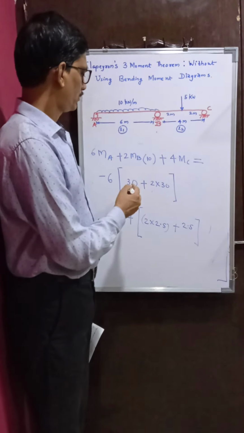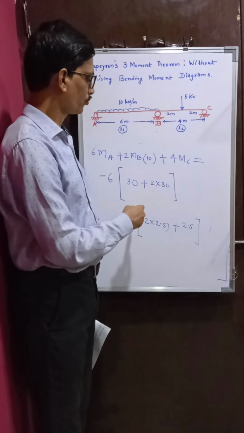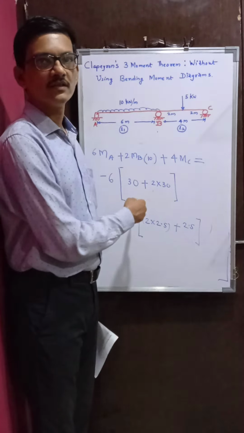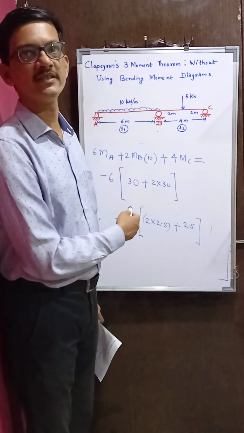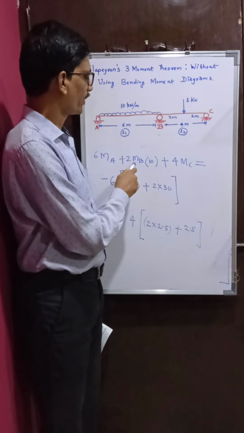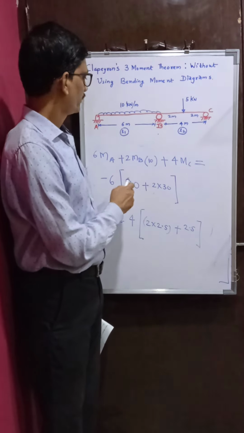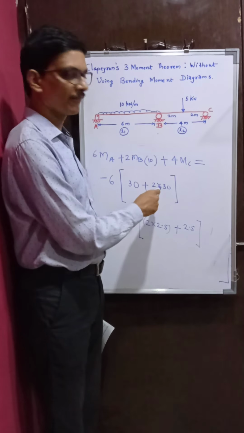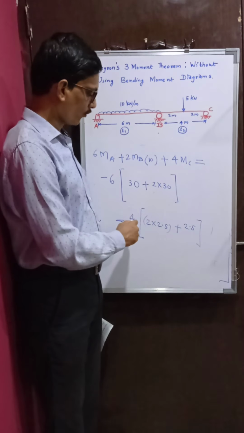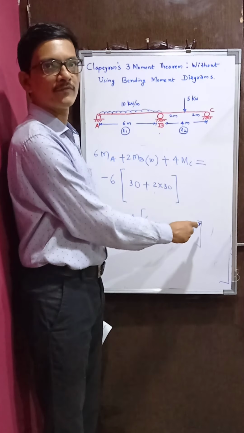Now in this lecture my scope is not to tell how this is derived. This can be easily derived by using the basic approach of slope deflection method, that is MAL1 plus 2MB L1 plus L2 plus MCL2 is equal to minus 6 times MFAB plus 2 times MFBA, minus 4 times 2 times MFBC plus MFCB.